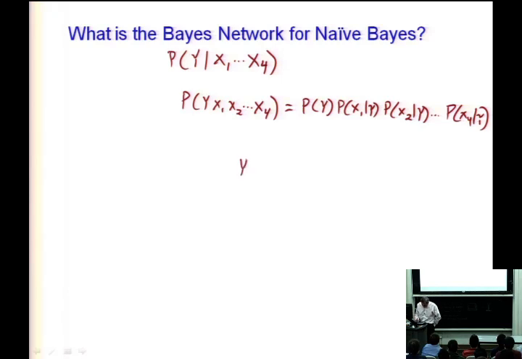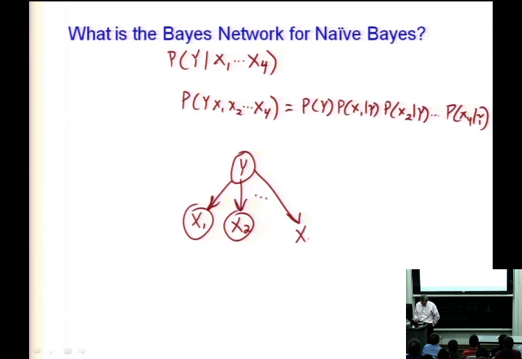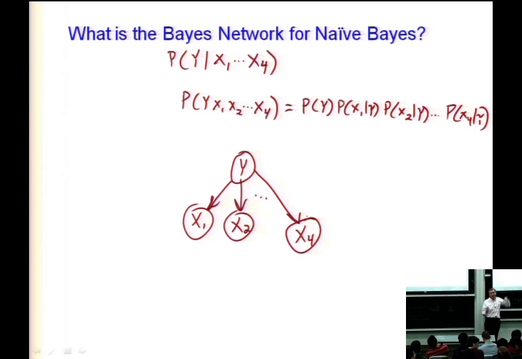It means y has no parents, x1 has one parent, x2 has one parent, etc. That's the graphical model for naive Bayes. By the rules of the game, we could derive it the way we just did. We just said, well, we know what the factorization of the joint implied by naive Bayes is. Then we can just convert it to that graph.